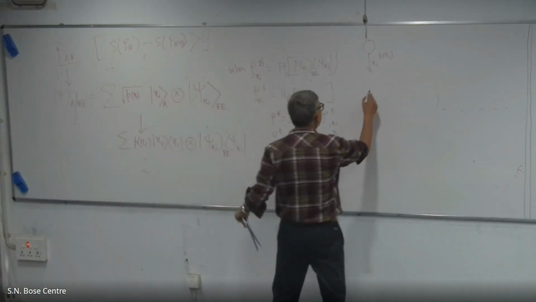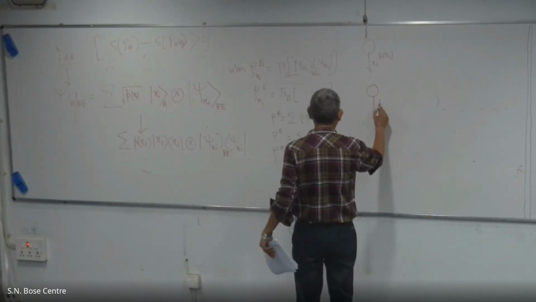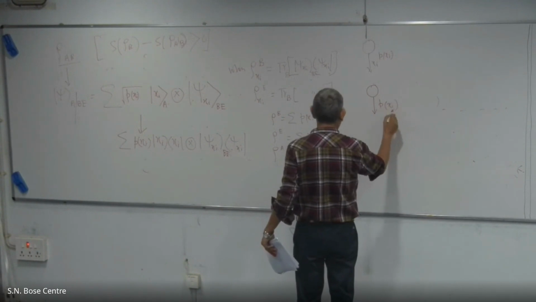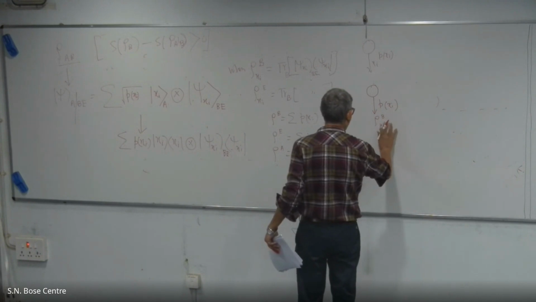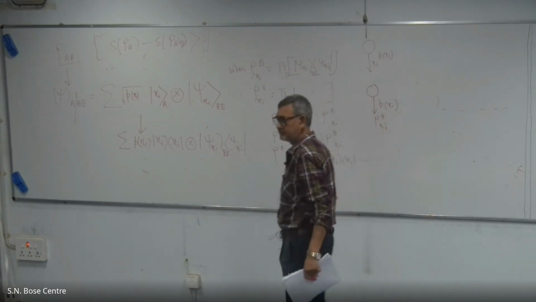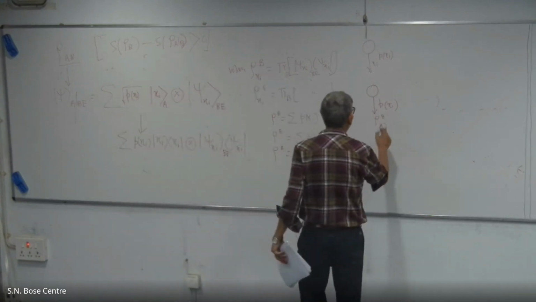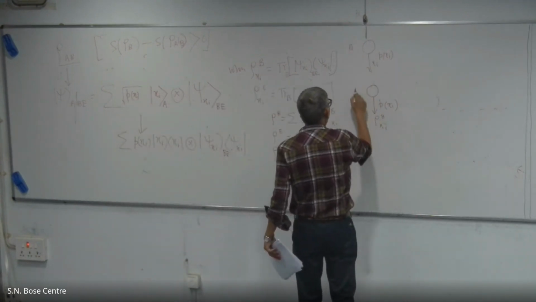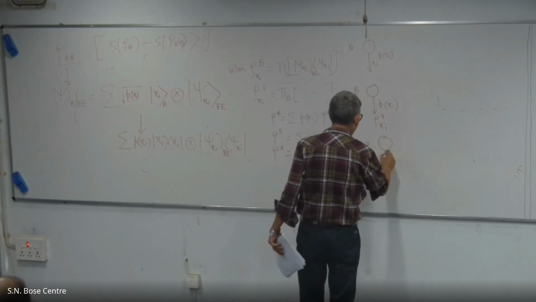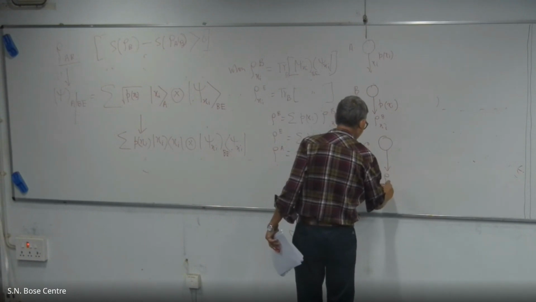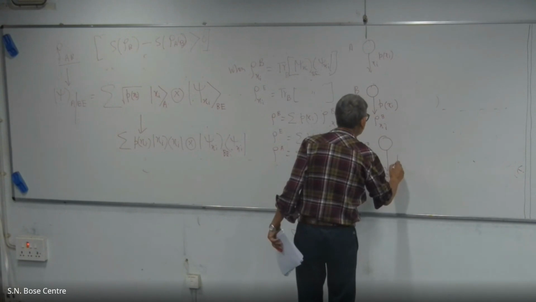What about Bob's part? For Bob, with probability pxi, rho bxi is coming. You can picture it. This is for Alice, this is for Bob, this is for Eve, again with the same probability.